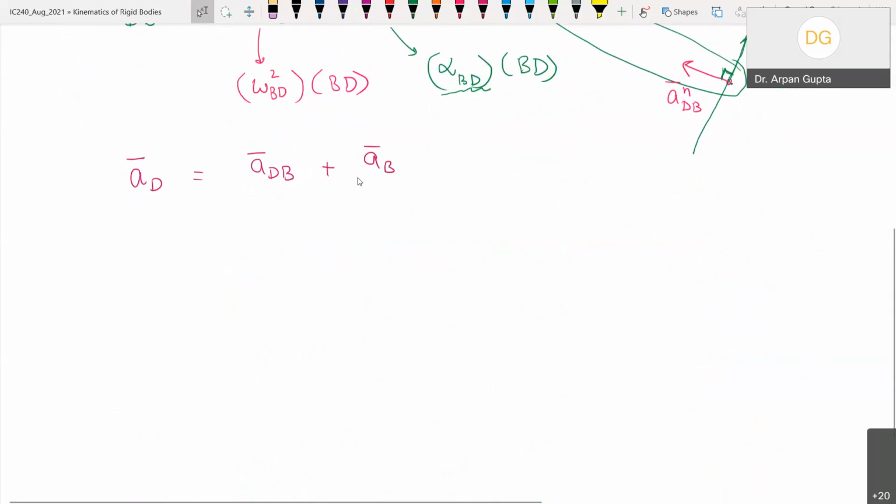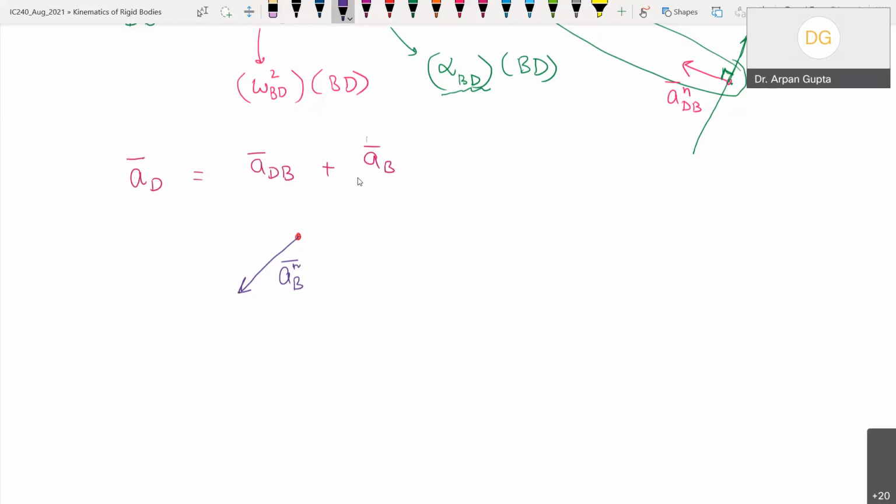If I consider this as the zero point, this is the direction of acceleration of point B, which is a fully normal acceleration, because I have assumed that alpha of AB is 0. This is the total acceleration of point B.